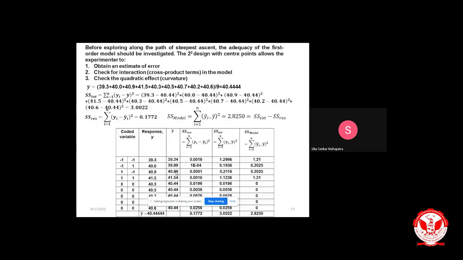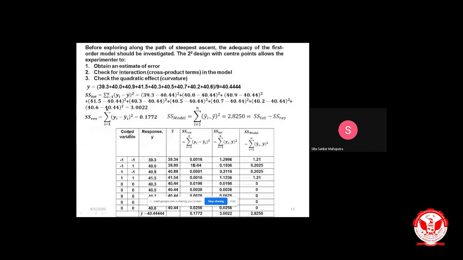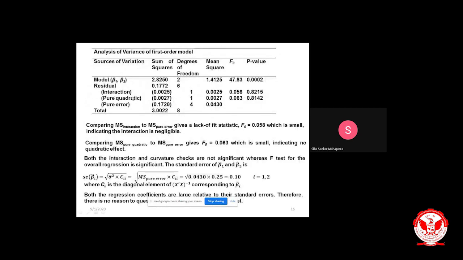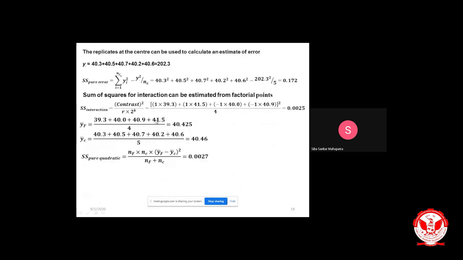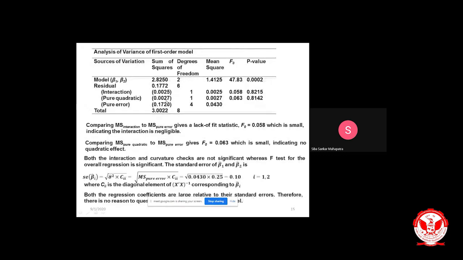So total sum of squares is 3.0022. Then for the model we have calculated 2.8250. Then for the residual also we have calculated, it is 0.1772.